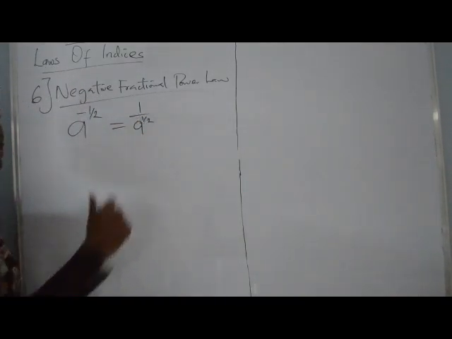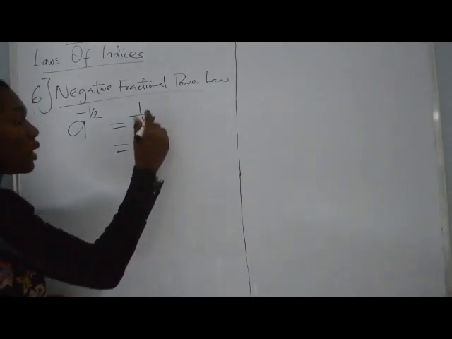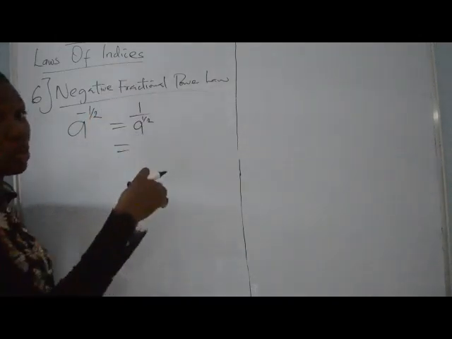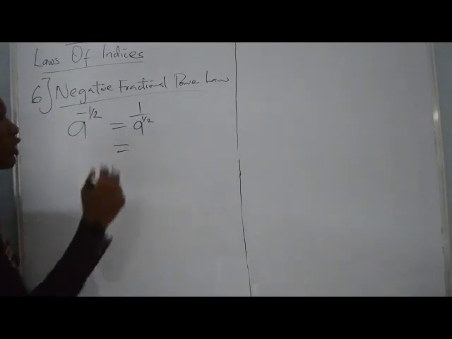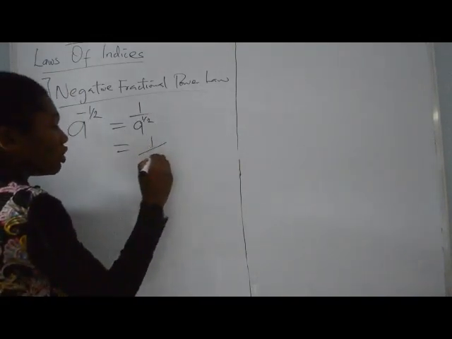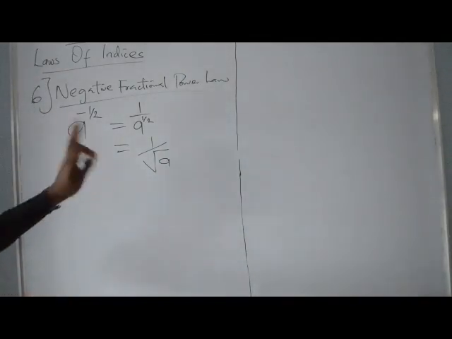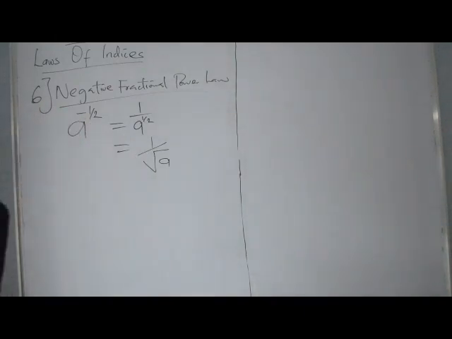But this is also a fractional power. So we'll be taking our numerator as the power, and the denominator will become the root. Our numerator will be the real power, the actual power of a, while the denominator becomes the root of a. So we'll be having 1 over the square root of a. So this is what it's all about: we are applying both the negative and the fractional power law.